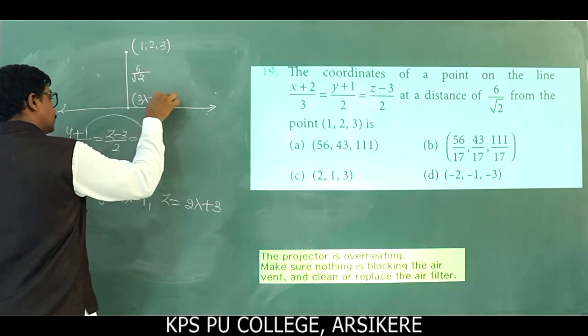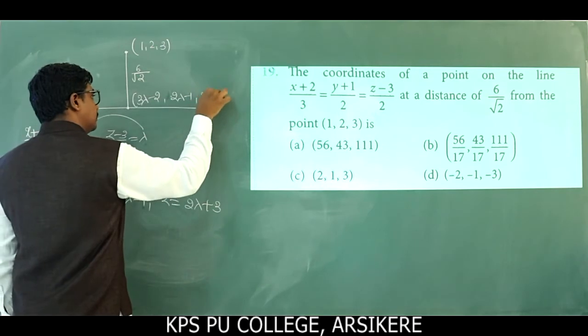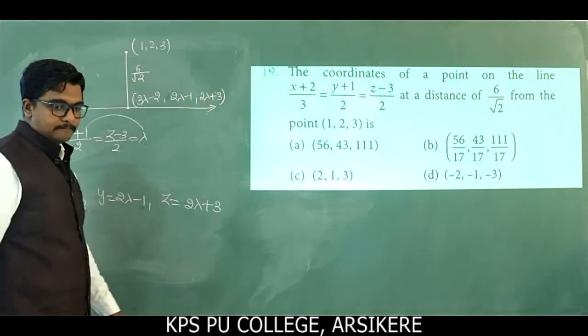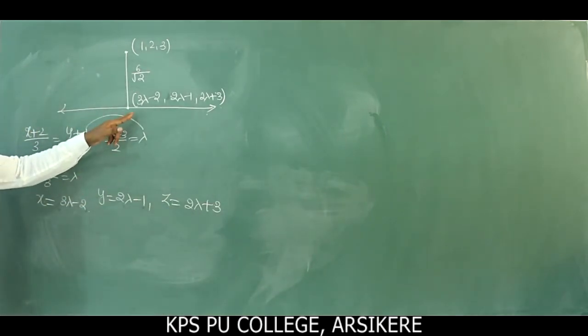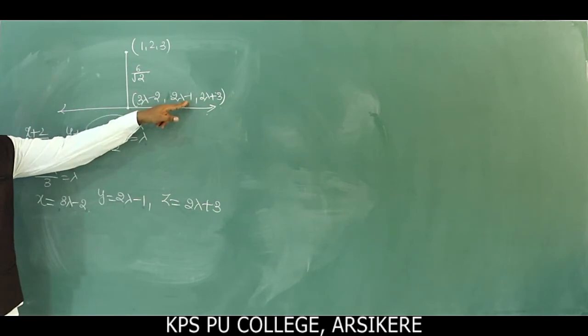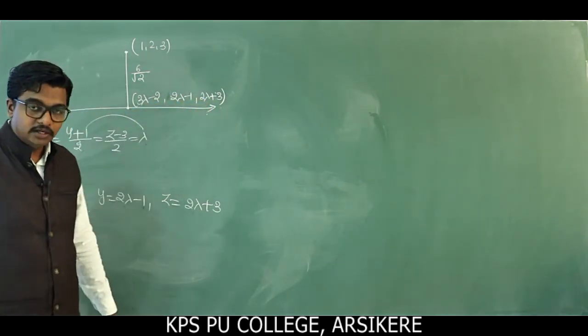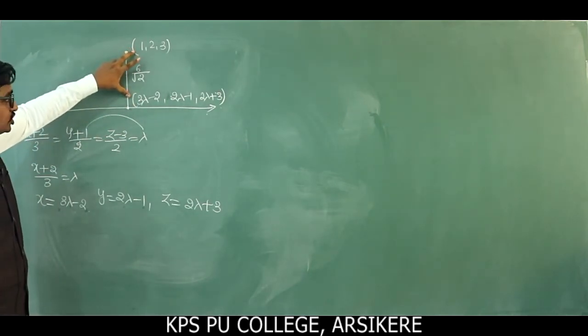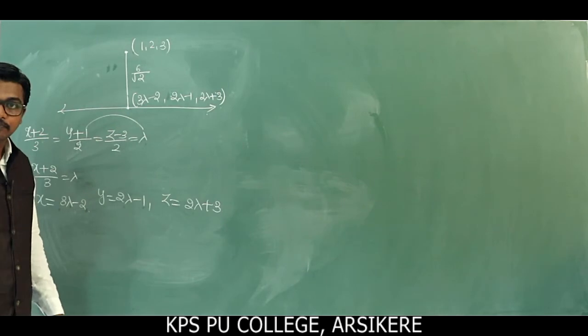Therefore this is the general point on the line. Then the distance between these 2 points is equal to 6 divided by root 2.